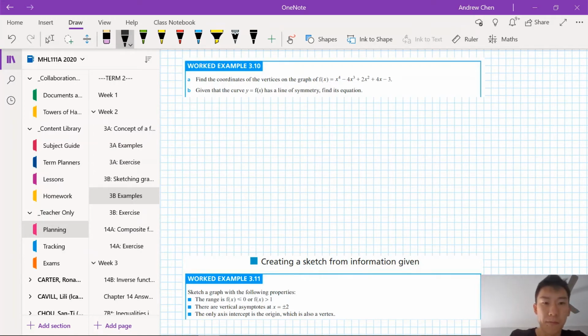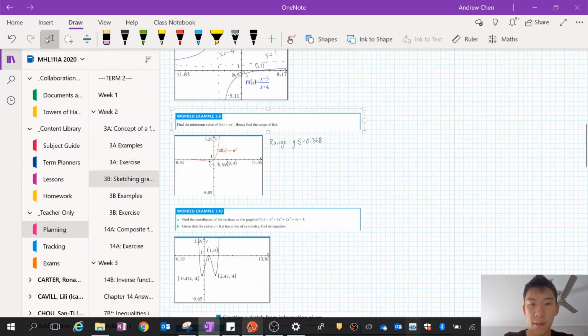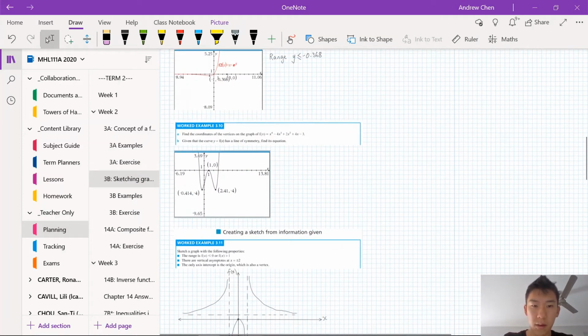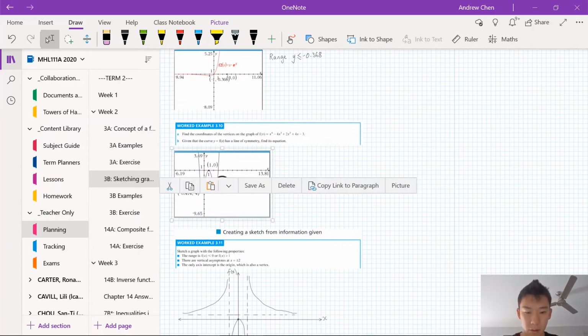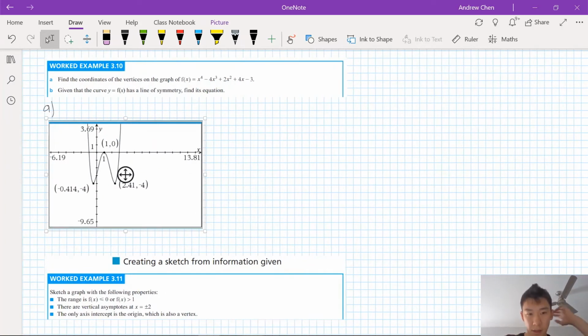Alright, so let's graph this. x to the 4, take 4x cubed plus 2x squared. I may have done this already. Yes, I have, and I've already labeled it all. Great. So let's pop this in here.